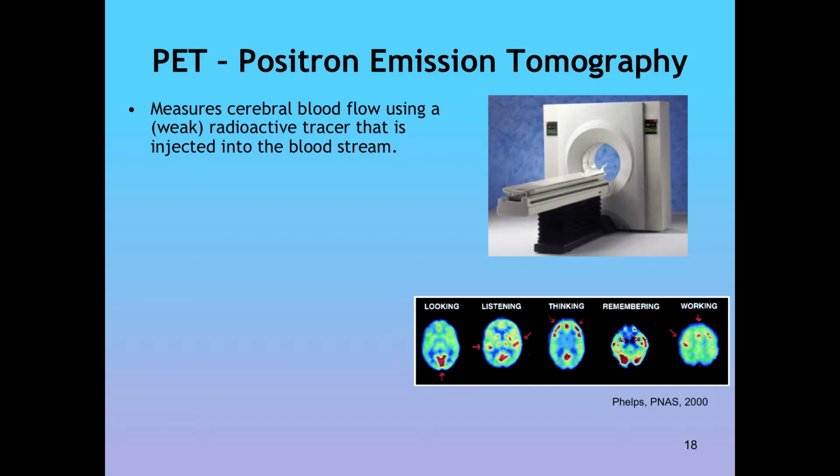The reactions that take place once the tracer is injected are pretty complicated, but the tracer travels up to the brain and resides there for a period of time. And it shows up more strongly in regions where more blood is going. So it targets specific brain regions.